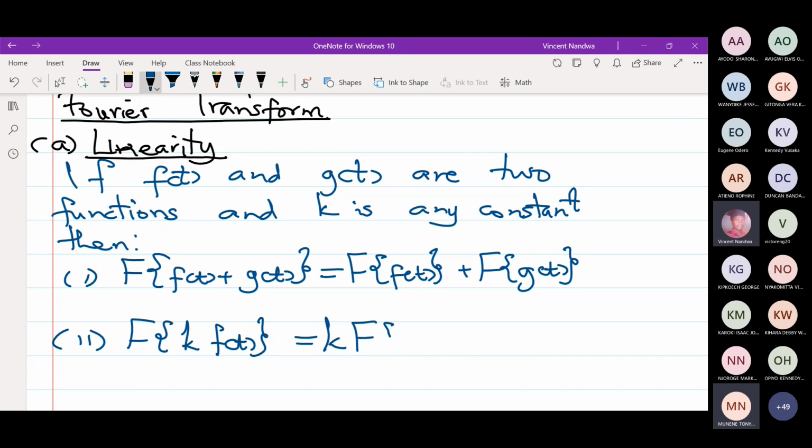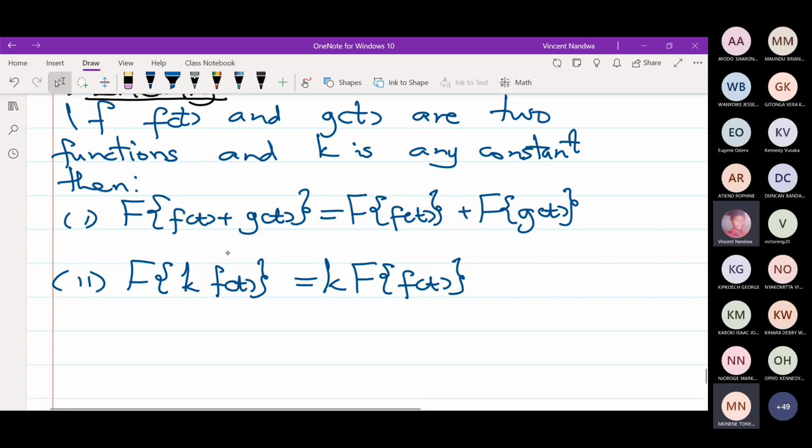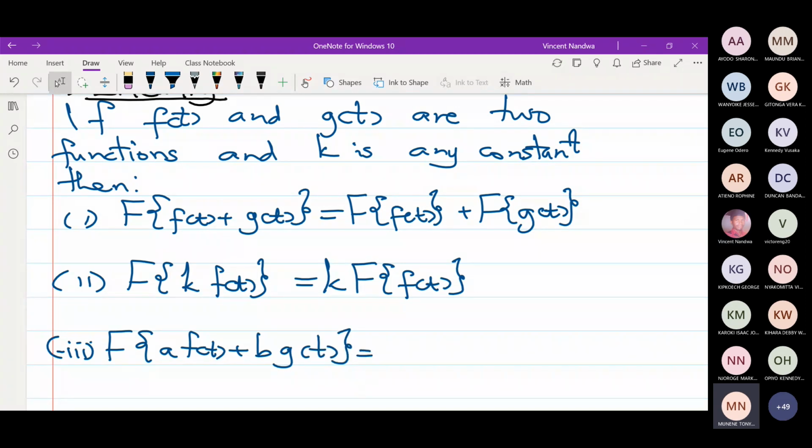K times Fourier transform of f of t. And what do you think will be the Fourier transform of a constant a multiplied by f of t plus a constant b multiplied by g of t?